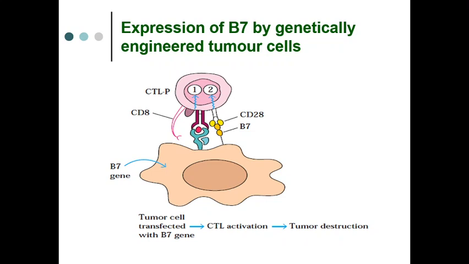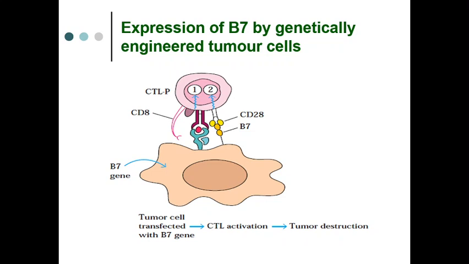By transfecting and expressing this gene using either a pox virus or vaccinia virus, they make this gene be introduced into the tumor cells. The harvested tumor cells which are growing in the tissue culture now express the B7 molecule.